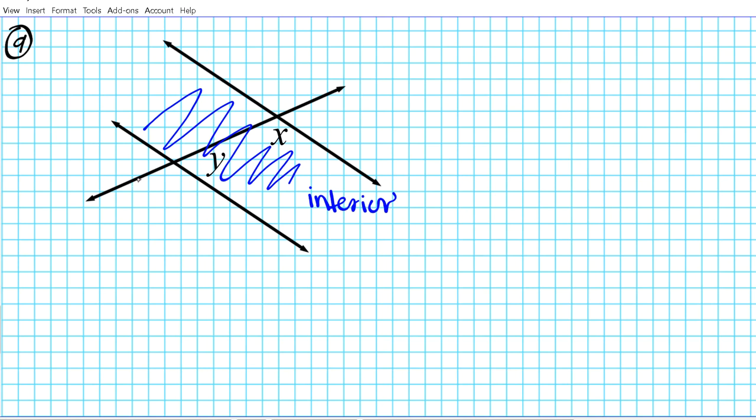And considering this transversal right here, the transversal is a line that cuts these two lines. Let's call this the upper side of the transversal and the lower side of the transversal. What do you notice? They are on the same side of the transversal, so they are not alternate, they are same side.